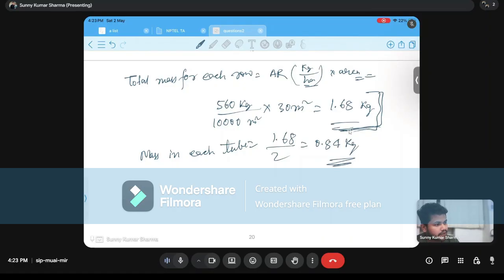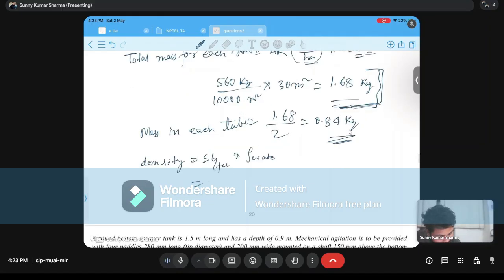Now we need to calculate the volume per delivery tube. So what will be the density of the fertilizer? For density of fertilizer, we will use the specific gravity that is given and multiply it with the density of water. So density of fertilizer will be the specific gravity of that fertilizer into the density of water.